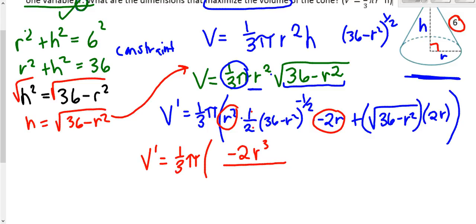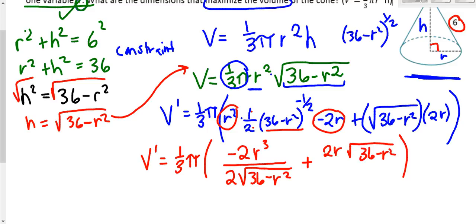So 1 is on top, 1 multiplying by 1 doesn't change anything, 2 is on the bottom. We have a negative 1/2 so that it is a bottom square root of 36 minus r squared. That's that one. And then this one is just plus 2r square root of 36 minus r squared. And there we go.